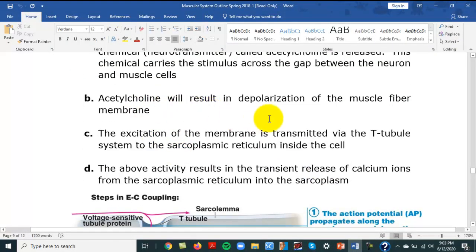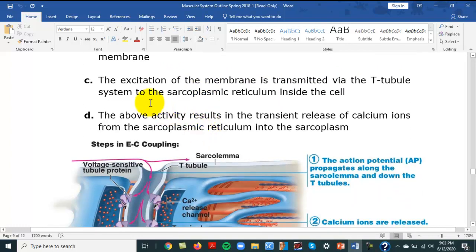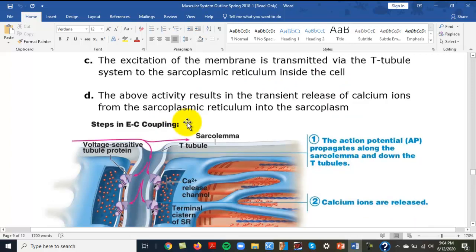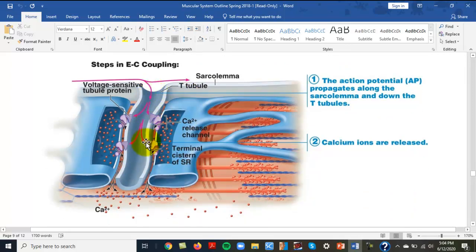Acetylcholine will result in depolarization of the muscle fiber membrane. And the excitation of the membrane is transmitted via the T-tubule system into the sarcoplasmic reticulum inside the cell. So this is supposed to be one of those transverse tubules. And remember, the cisternae of the sarcoplasmic reticulum, from the last video, store calcium ions.